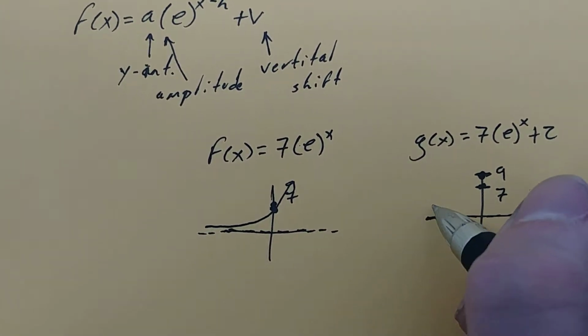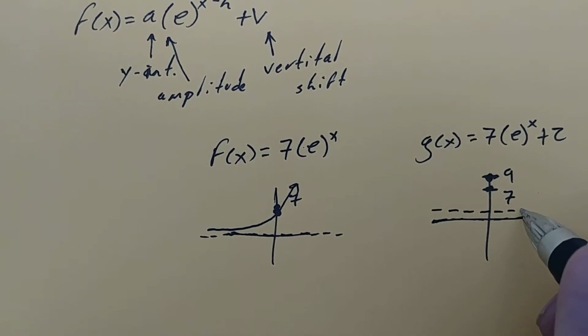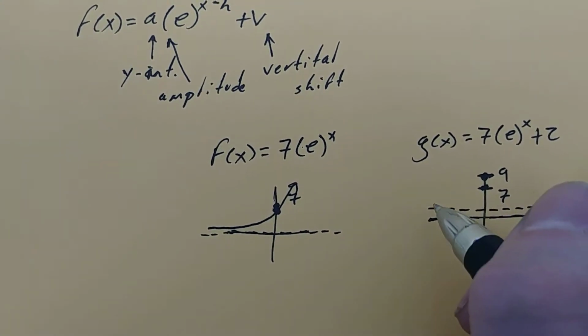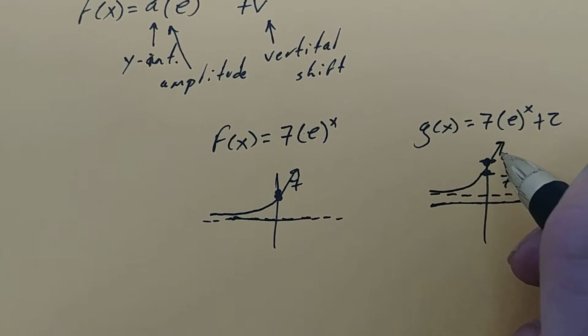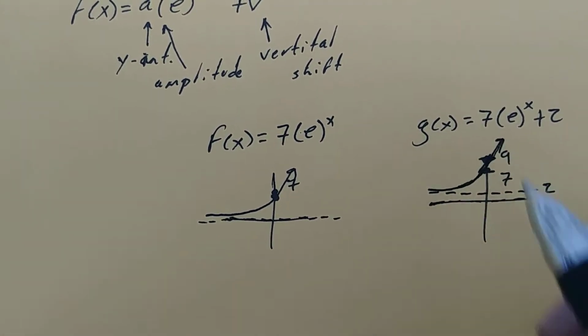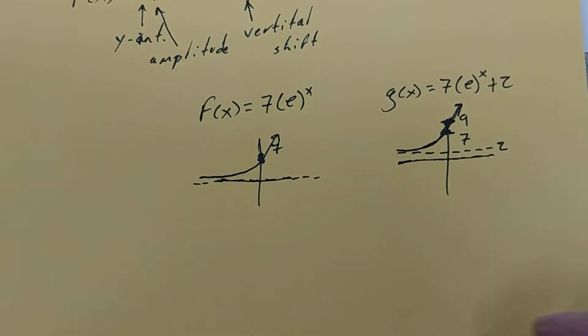My asymptote also has to shift 2 units up. So my asymptote is now at 2. My graph would now look something like this, going through this point. All right, so pretty much everything was shifted 2 units up.